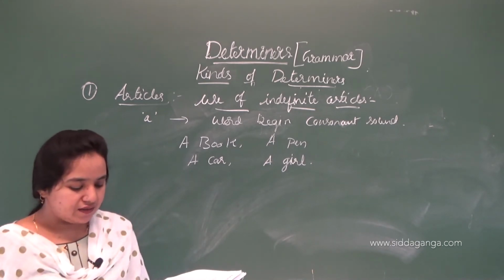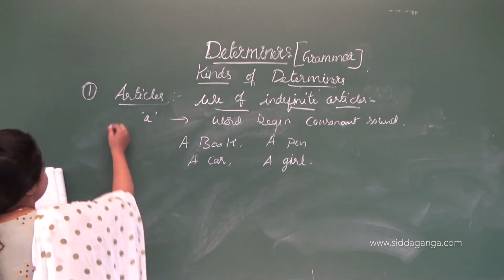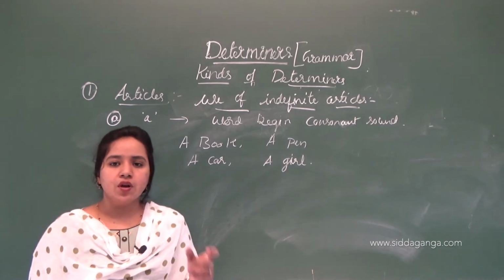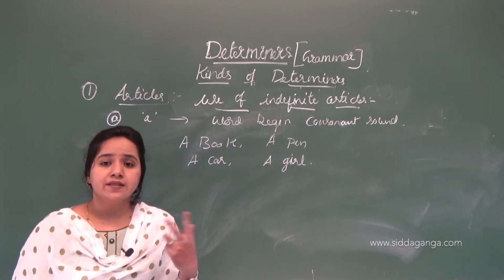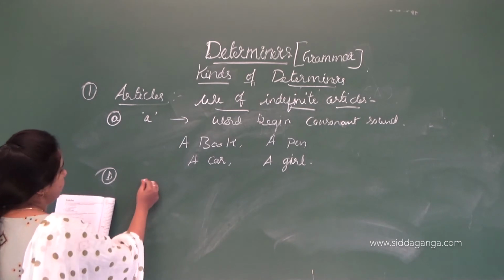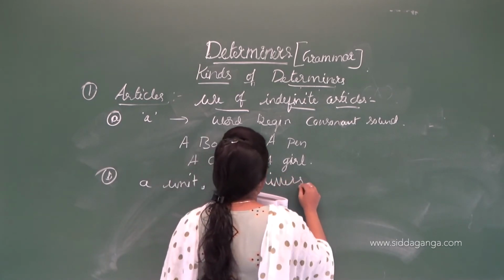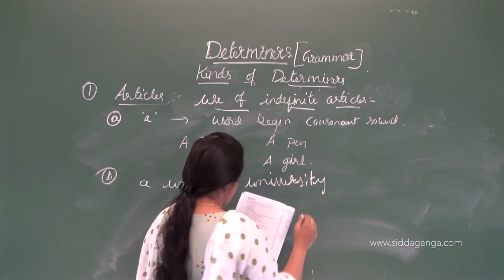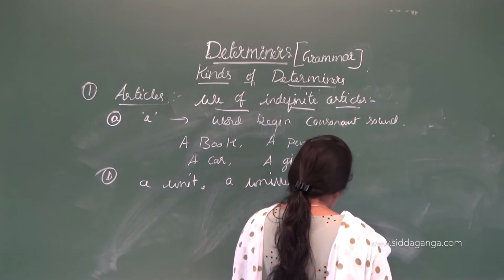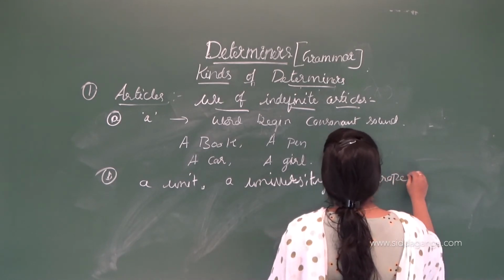Before such vowels which have the sound of U: a unit, a university, a European. In this case we can observe that although the word begins with a vowel letter, the sound is a consonant-like U sound, so it takes the indefinite article a, like a unit, a university, a European.